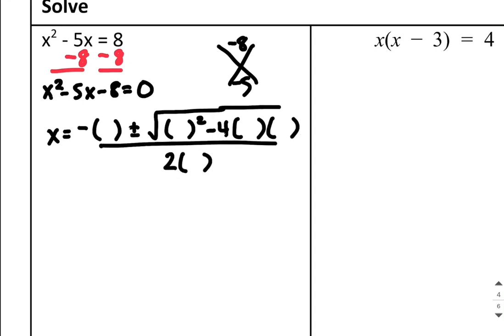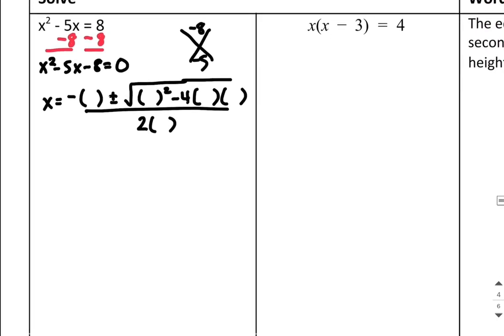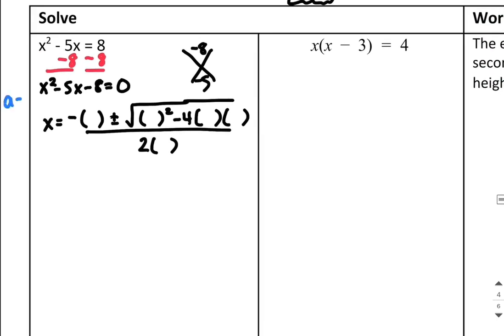And I'm going to plug in all the information that I have. So I know A is equal to 1, B is equal to -5, and C is equal to -8. So I'm just going to plug those things in. B is -5, A is 1, so I plug in here and here, and C is -8.